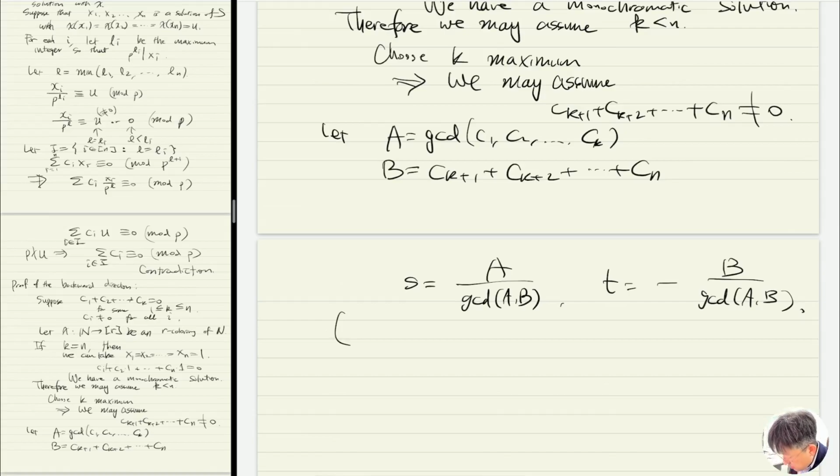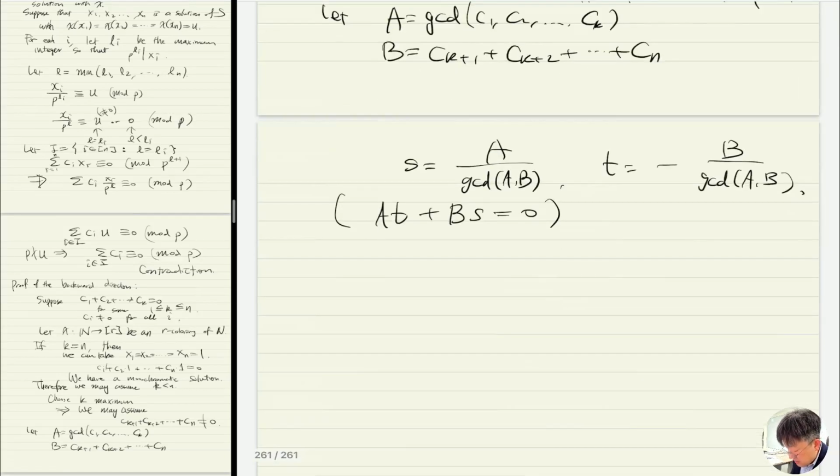So the goal of this construction is that A times T plus B times S is 0, right?